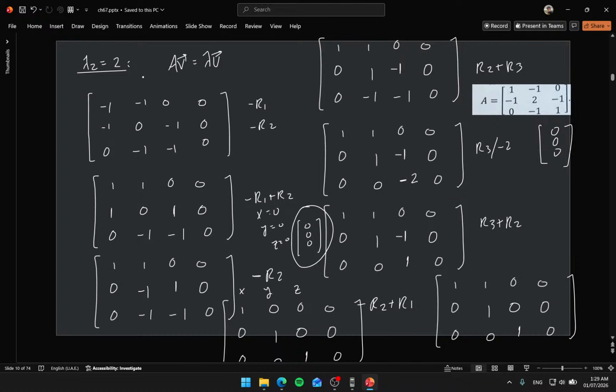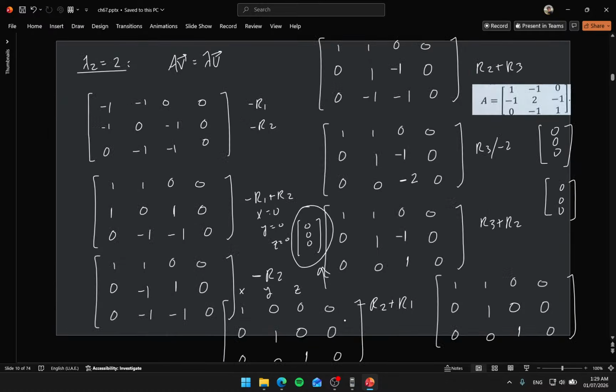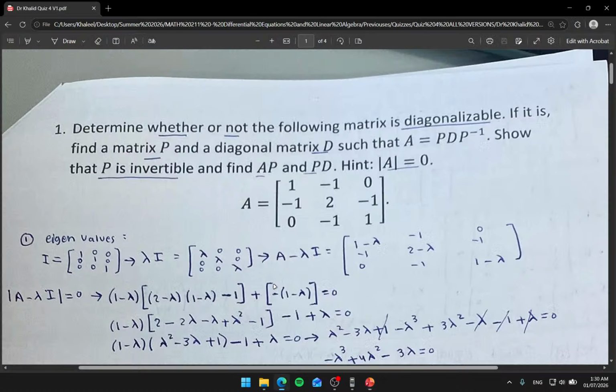If we multiply 2 by this, it's zeros as well. But wait, eigenvectors can't be 0. So this is not an eigenvector. This is a matrix of zeros, so it's excluded. Did I make a mistake somewhere?